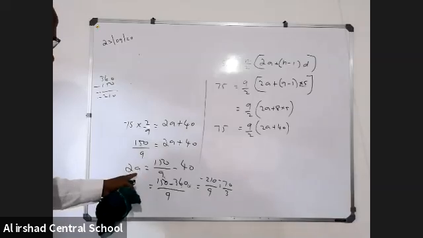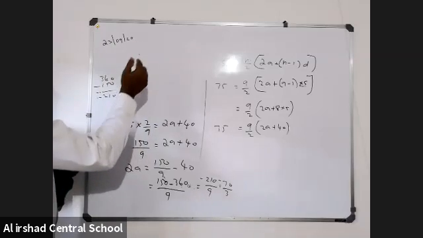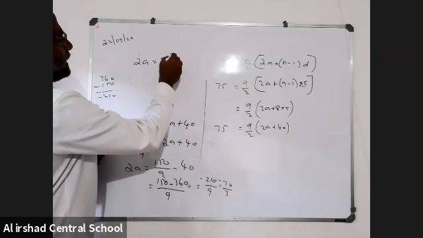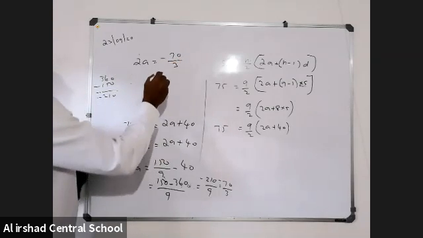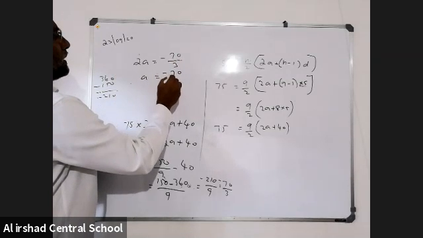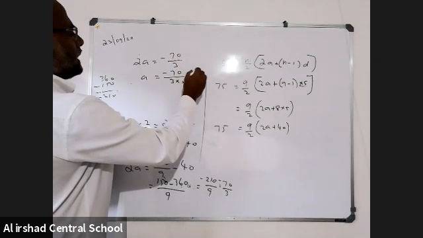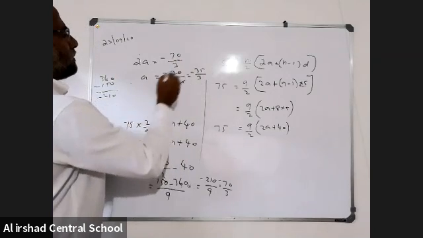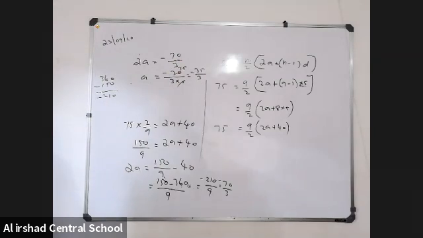This is 2a. Now 2a is equal to minus 70 by 3. So a is equal to minus 70 by 3 into 1 by 2, exactly minus 35 by 3. This 2 and 70 we can cut to 35. Minus 35 by 3. That is it.